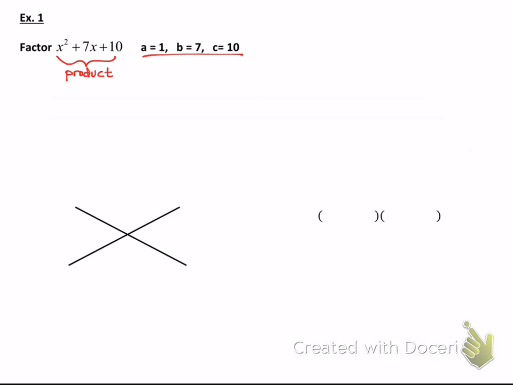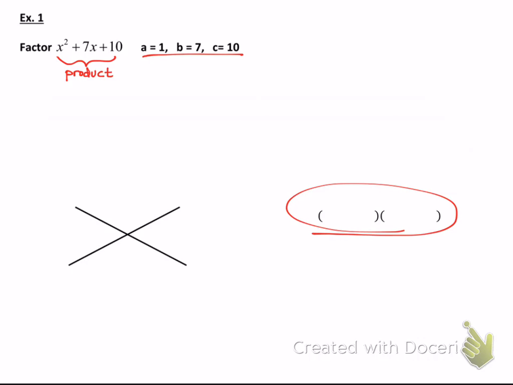Now these right here are just talking about the coefficients. A is the first coefficient, this is B, the 7, and then this is C, the plus 10. Okay, that's all that they're referring to. Now, what you are looking for is to fill these two binomials.